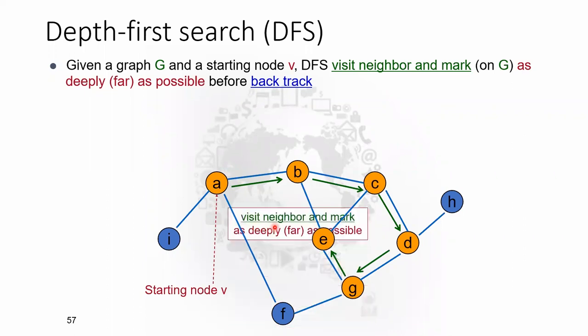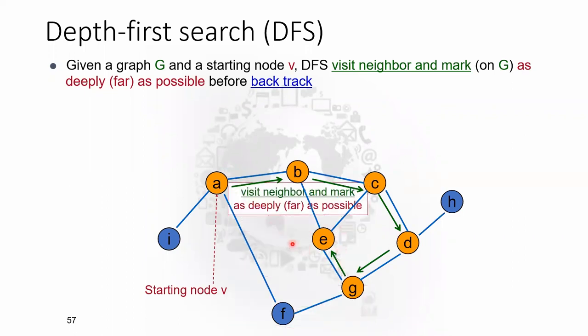So the pattern is to go as deep as possible, traveling until it cannot move further anymore. So A, B, C, D, G, and E. Then it's going to backtrack to the last node that was visited, which is G.